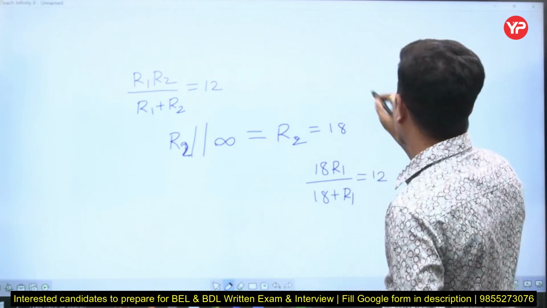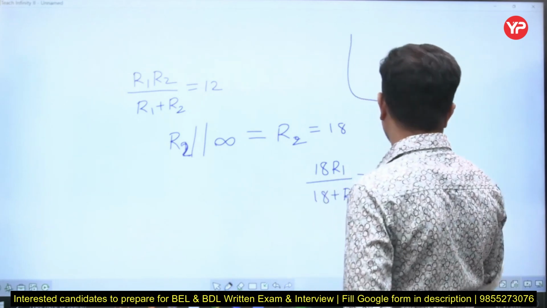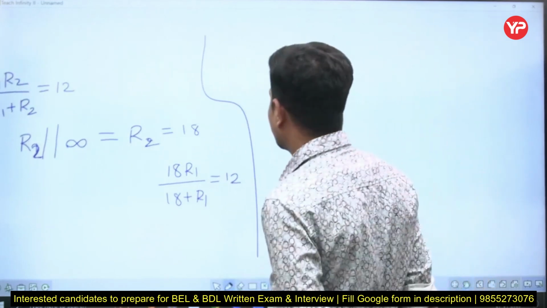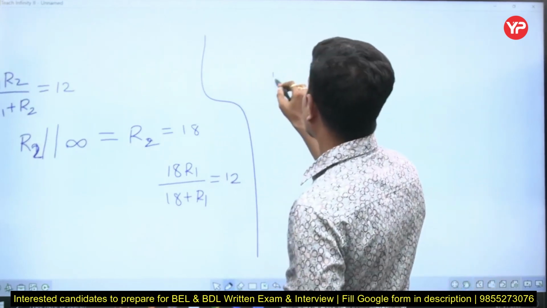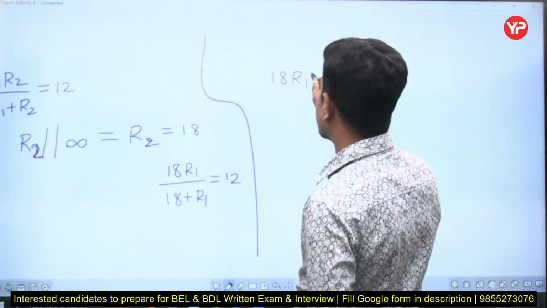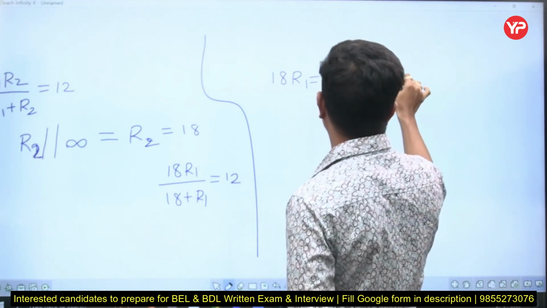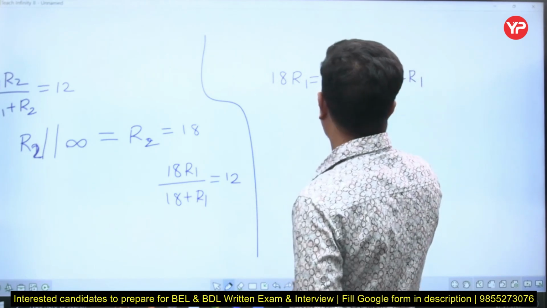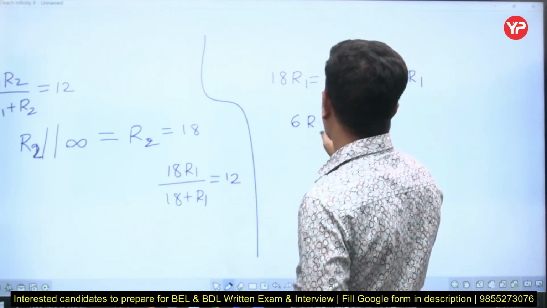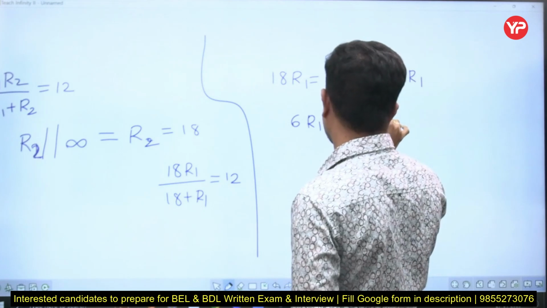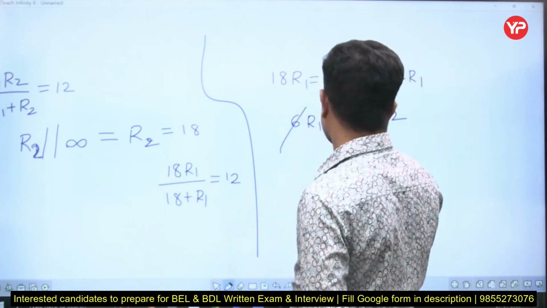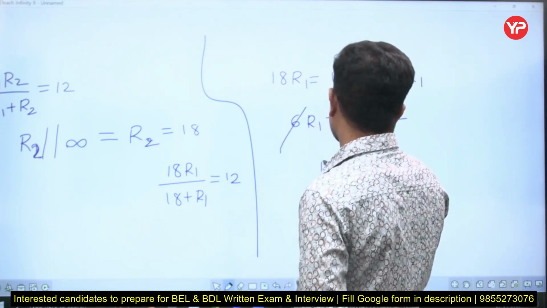So from this one, I'm doing the calculation over here. Observe carefully. 18 R1 is equal to 18 into 12 plus 12 R1. So 6 R1 is equal to 18 into 12. So 6 threes, it is gone.